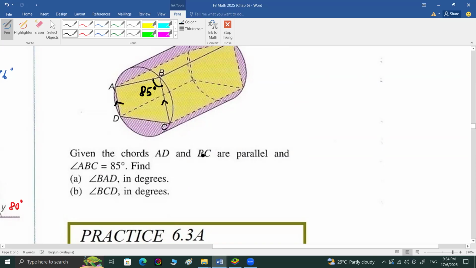Yeah, what is the answer? Plus 95. 95, then? BCD is 95. 95 also, yeah? Okay, this is the answer from one of the students. Two students got this answer.